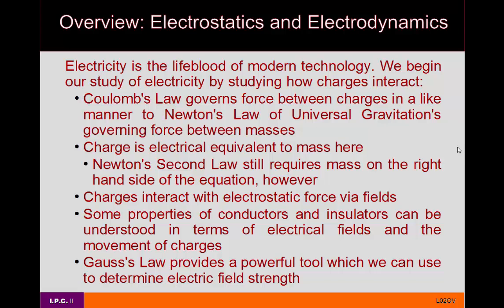The big difference is that we replace the masses with charge, and we replace the universal gravitation constant with a charge constant, which is called Coulomb's constant. And in fact, beyond those substitutions, the two equations basically have the same form.